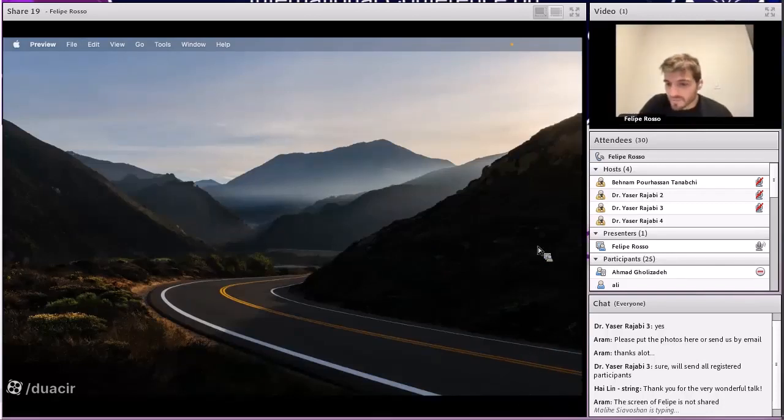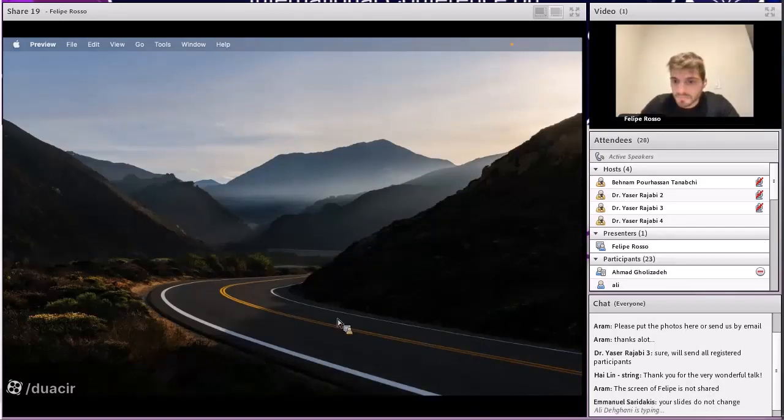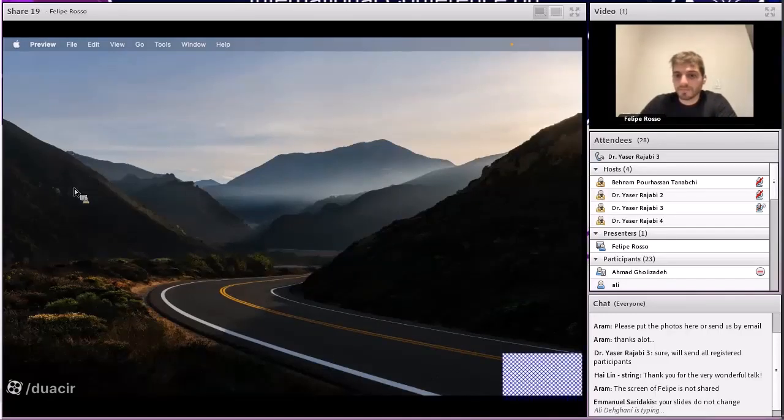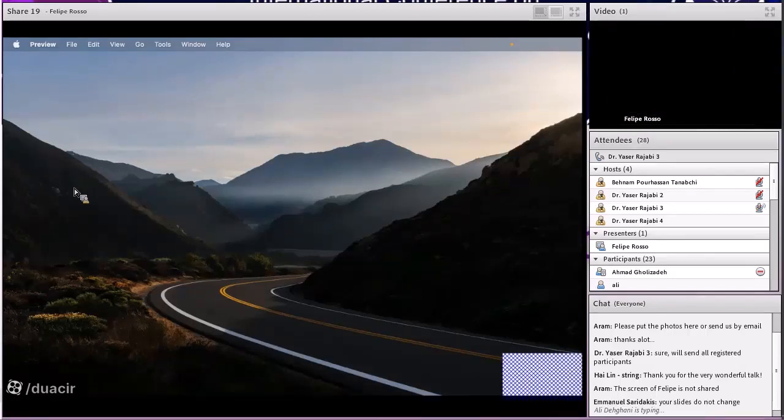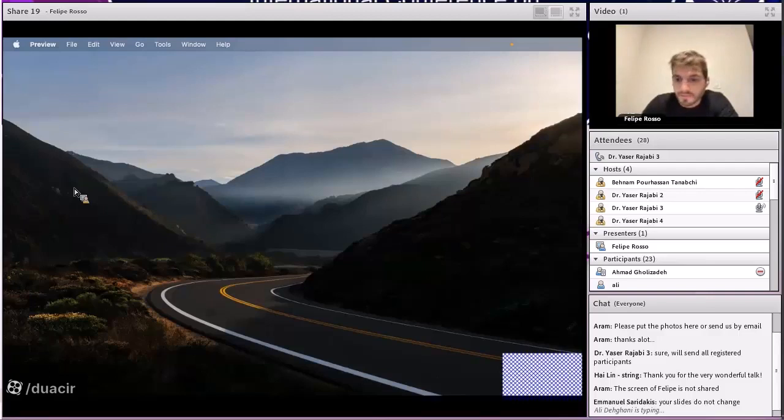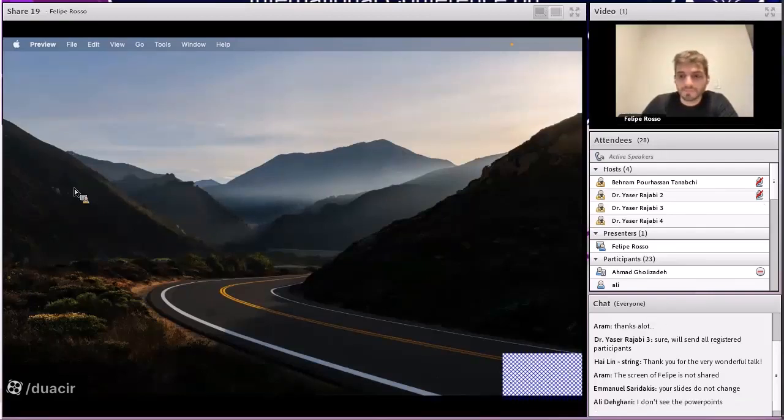The screen of Felipe is not shared. Okay, is that true? Is the screen sharing? Sorry. We just see a road. Maybe it is your background only. Sorry. Okay, let me try again. That's not good.